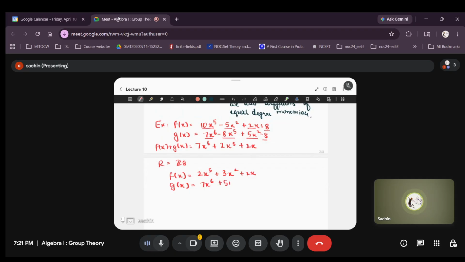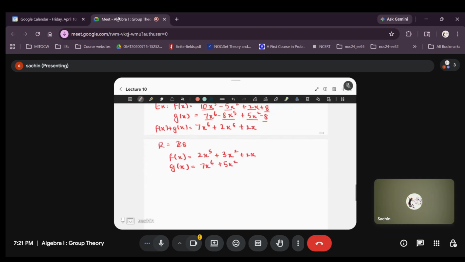You would have 5x², and f of x plus g of x would have been 7x^6 plus 2x^5 plus you have 3 plus 5 x² plus 2x, but 3 plus 5 is 8, which is 0 in Z8. So when you add the coefficients, you are adding in the ring Z8 here.